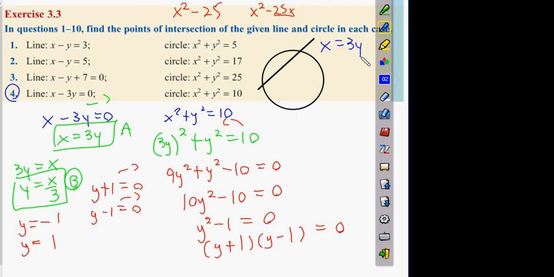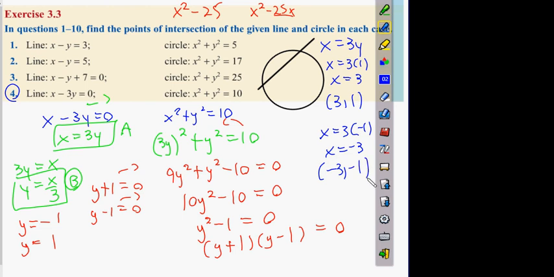So when y equals 1, what's x equal to? 3 times 1, which is 3. So that is the point 3, 1. When x is 3, y is 1. When y is minus 1, replace y with minus 1, and you get minus 3. So that would be the point minus 3, minus 1.